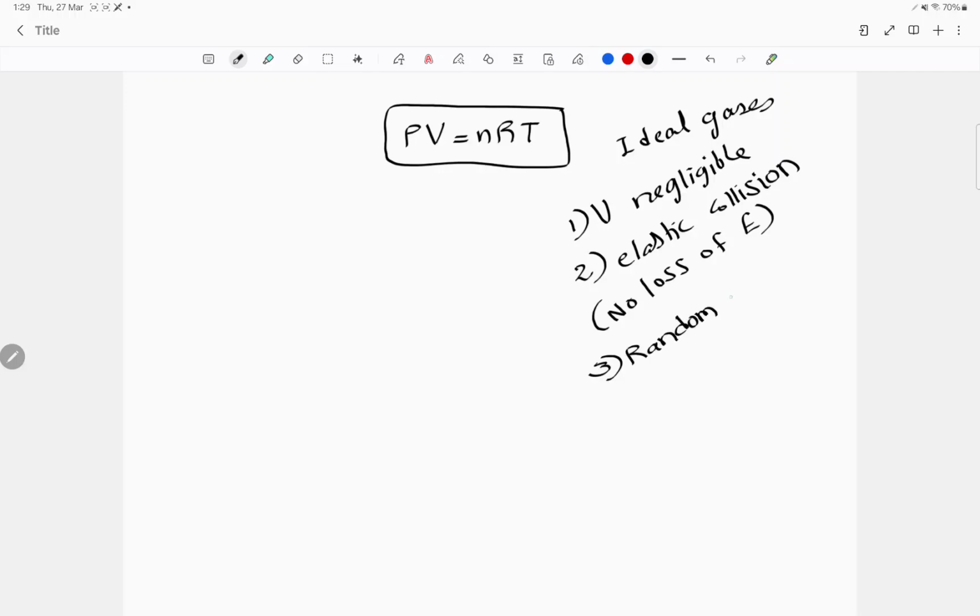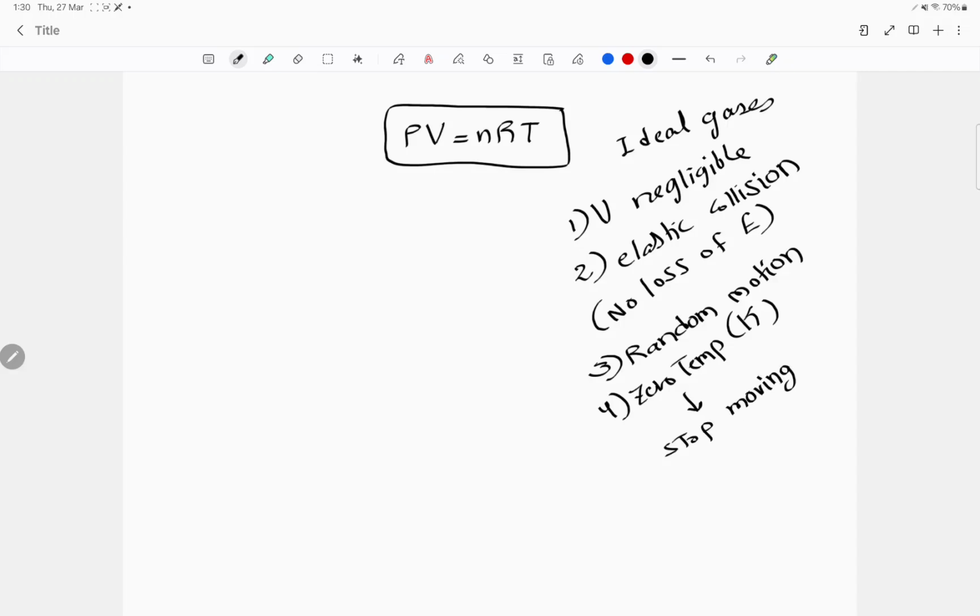Random motion. They will apply a force and a pressure on the walls of the container. And when they have a zero temperature, in Kelvin of course, they will simply stop moving.